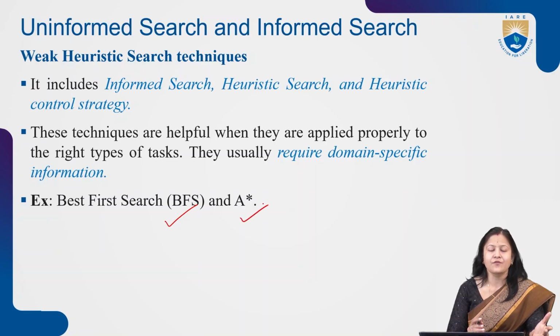As I discussed the difference between informed and uninformed search, the direct heuristic search techniques are nothing but the uninformed search, where there is no in advance information or heuristic function. Whereas the informed search or heuristic search techniques are called weak heuristic search, like your domain-specific information search.